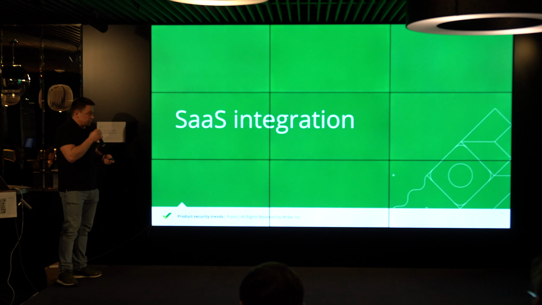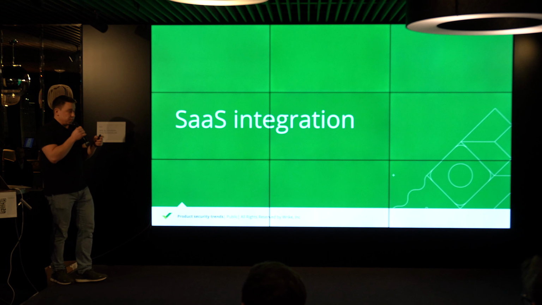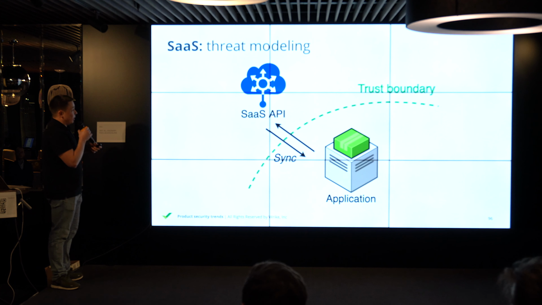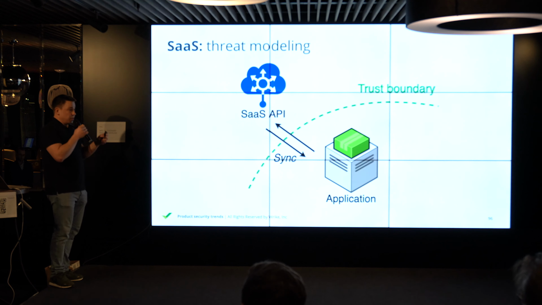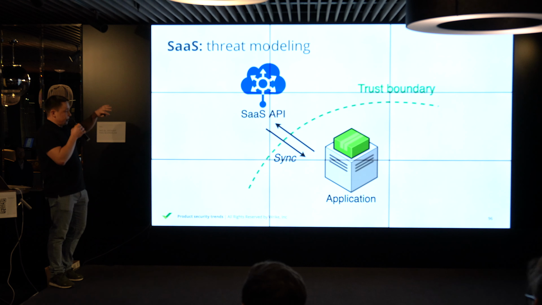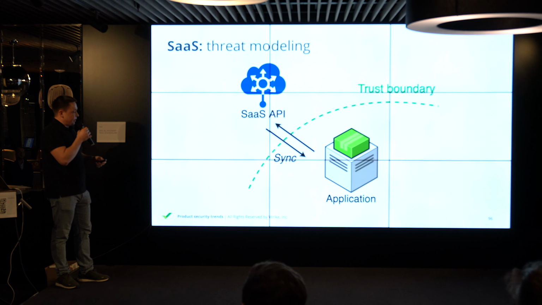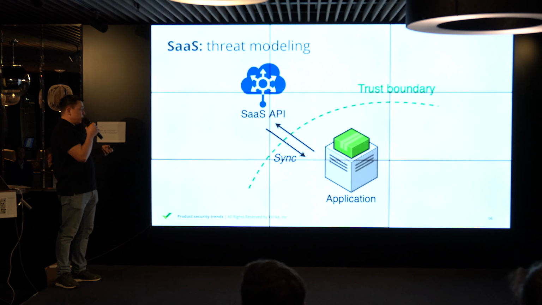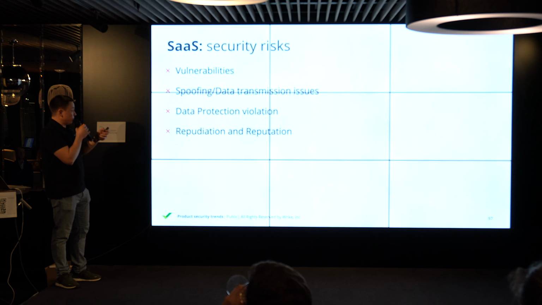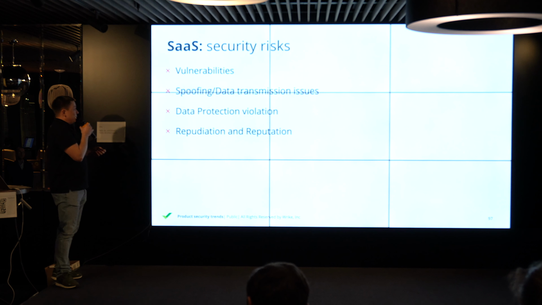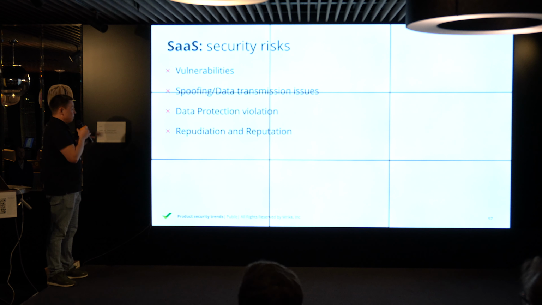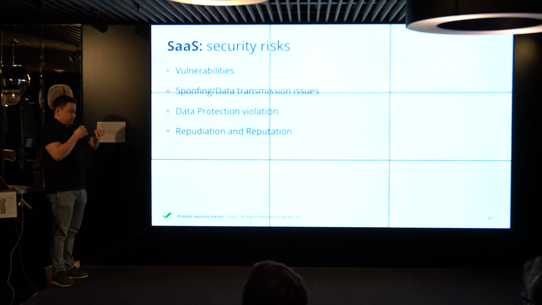SaaS integration. As I mentioned, it's an absolutely different type, and the threat modeling looks like two players. And all of them communicate using an API provided by the SaaS vendor. Vulnerabilities here: security vulnerabilities from the vendor.